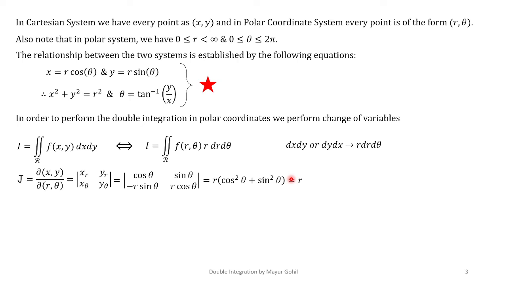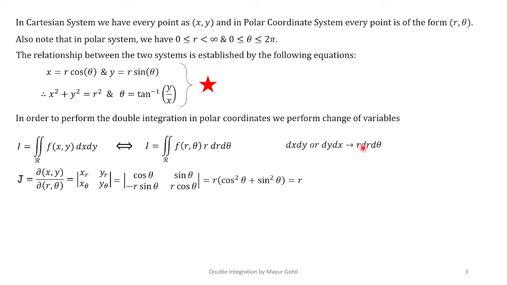Okay, this is the Jacobian. You need not worry about calculating the Jacobian all the time. It is very standard in double integration that whenever we convert the variables from Cartesian to polar coordinates, dx dy or dy dx always gets converted to r dr d theta. This is a standard formula you can treat.